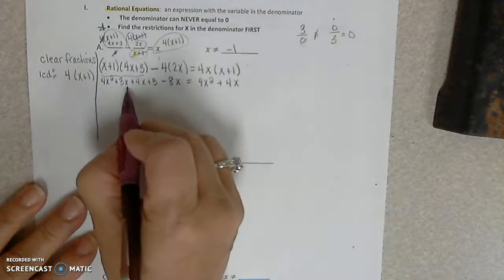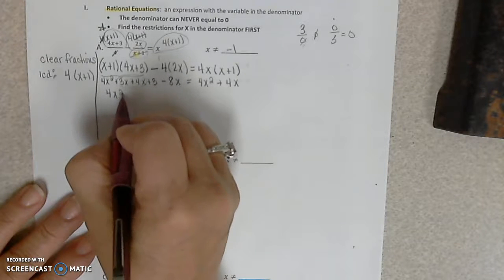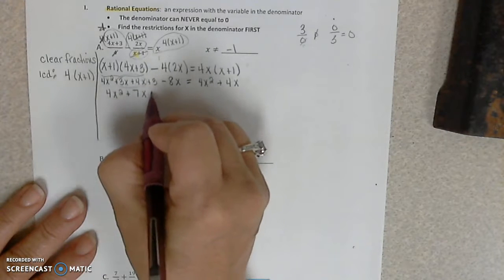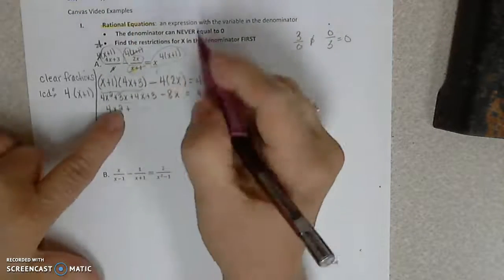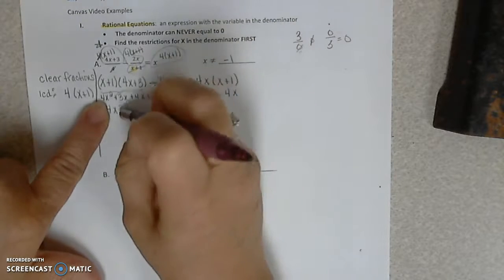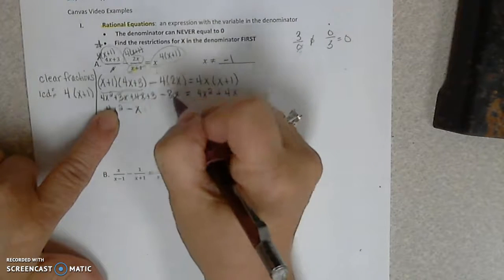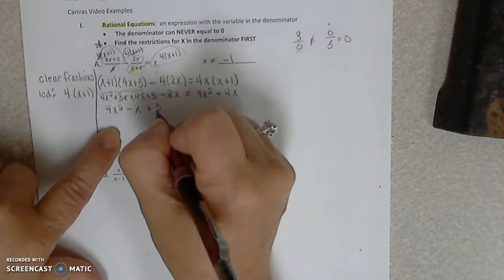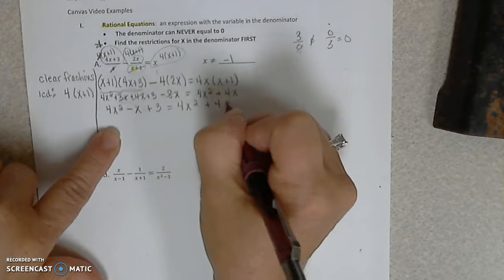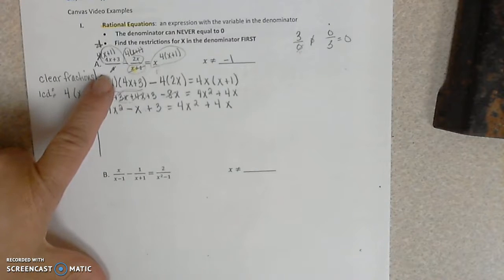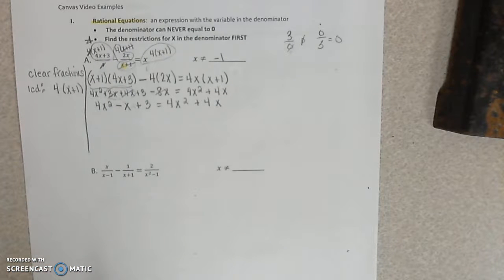Let's clean it up, which would be those like terms. 4x squared plus 7x, 7x, we have another one, don't we? 7x minus 8x would give us a minus 1x. So all three of those are gone, plus 3. So after you clear your fractions in this initial step, you start just cleaning it up, but you have to go carefully because you can mess up some signs.